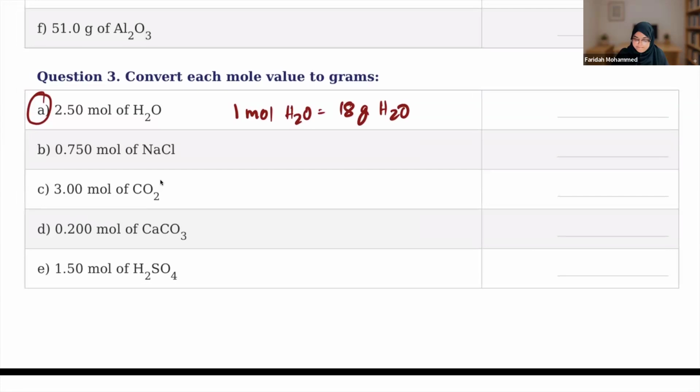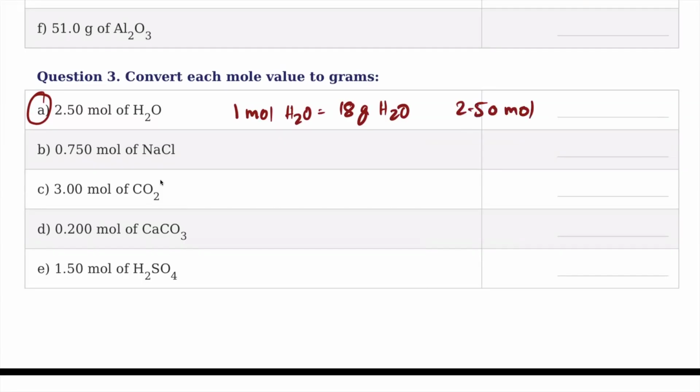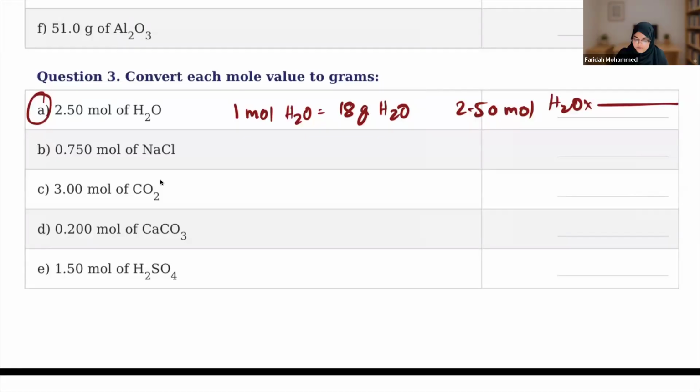And then you do 2.5 moles of water times 18 grams of H2O over 1 mole. Is that gonna go on the top or on the bottom?